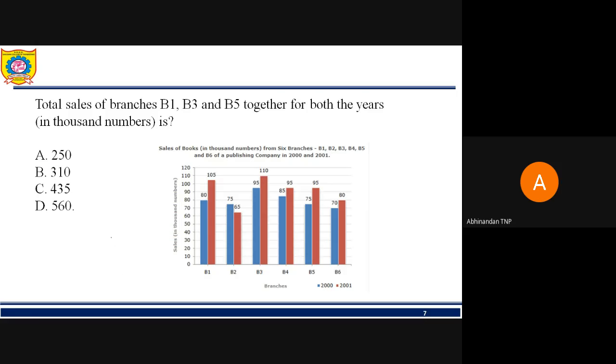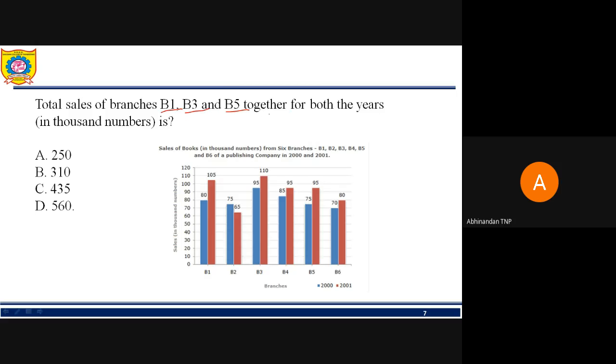This is another simple question. Total sales of the branch B1, B3 and B5 together for both the years. Obviously this is given in the form of thousands. So B1 plus B3 plus B5, it is addition, just add the numbers, that's all.